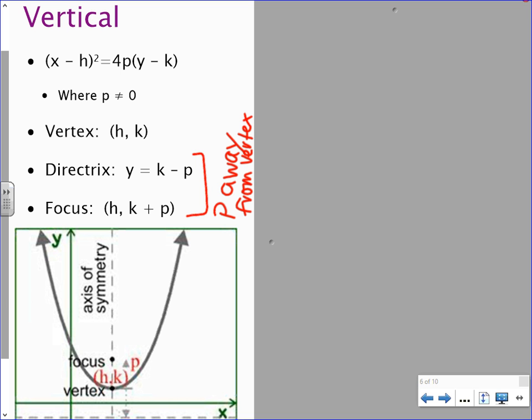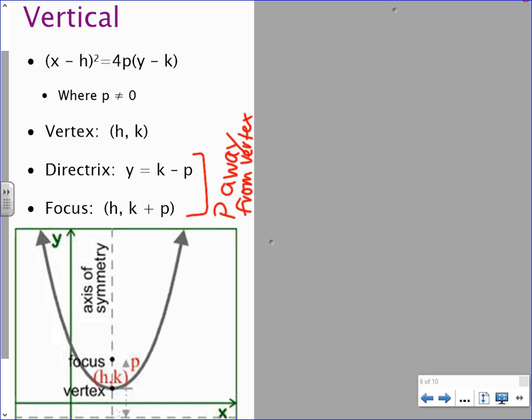We're going to figure out that p value, and from the vertex, we're going to count that number away from our vertex so we can graph it. That will be a lot easier to remember instead of these weird equations.